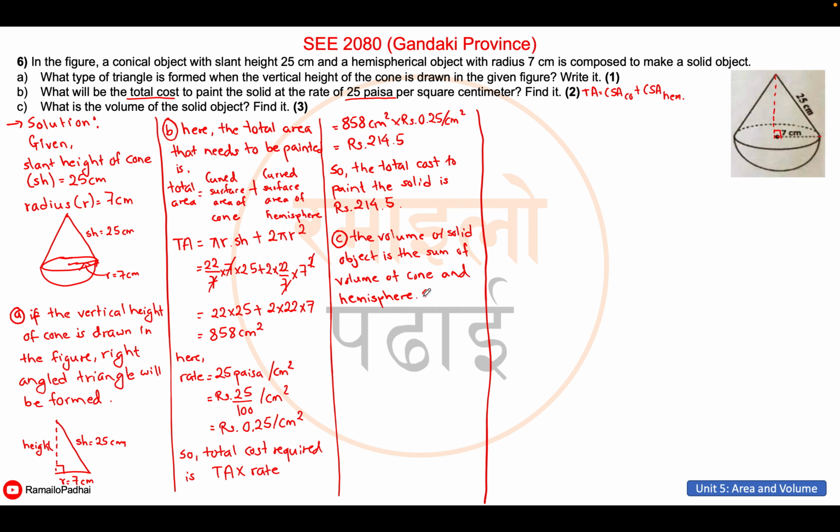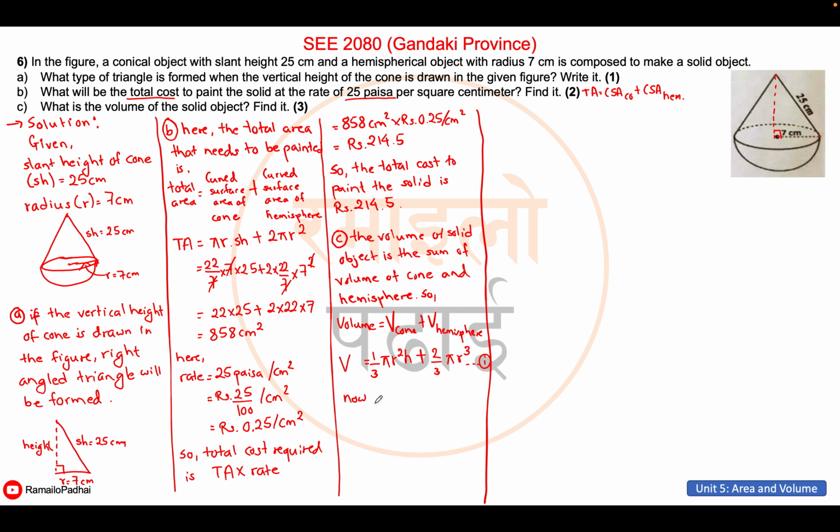So volume is equal to volume of cone plus volume of hemisphere. Here the formula to find the volume of a cone is 1/3 pi r square h, and the formula to find the volume of a hemisphere is 2/3 pi r cube. We have the value of pi, we have r, we don't have h. So we don't have h in this equation, so I will write V for volume and I will call this equation 1.